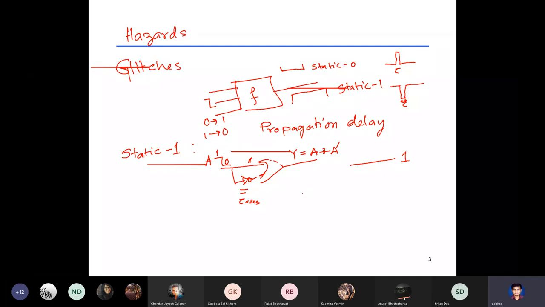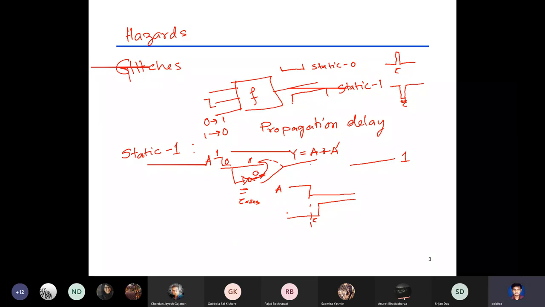And if A has a transition like this, because of the delay in the NOT gate, 1 will appear here after some time. So this will become 1 after tau amount of delay.